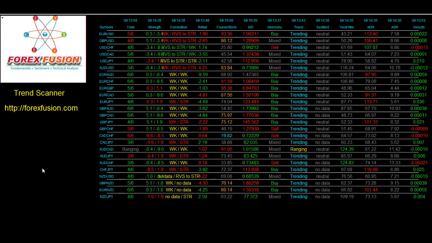So again, using the scanner, a color-coded quick glance of the market gives you overall market condition. The sizes and the colors and the fonts of all of the data, the separator lines, the spacings, all of that is customizable in the settings.